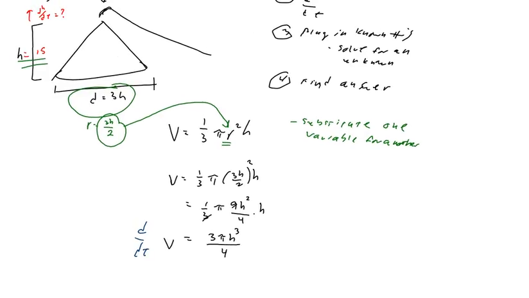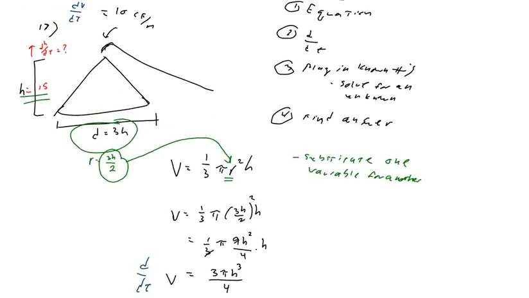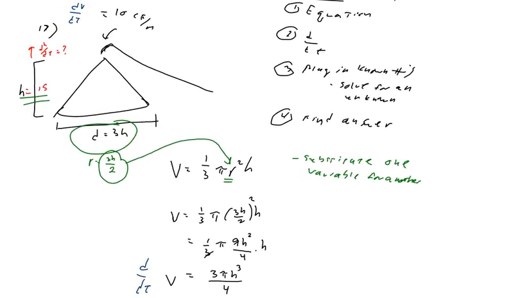Because you're looking for dh/dt, you have h is 15, you have the change in volume, 10 cubic feet per minute. You have dV/dt, you have h, and that's all you need to solve for dh/dt.